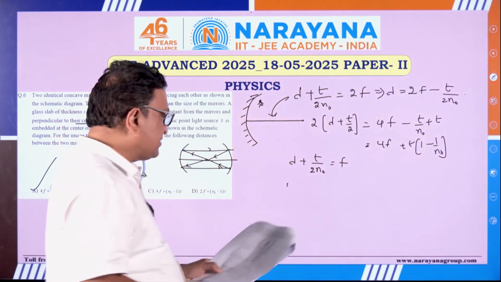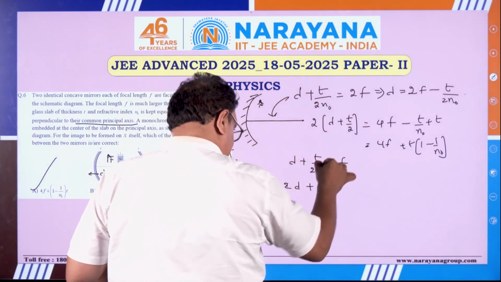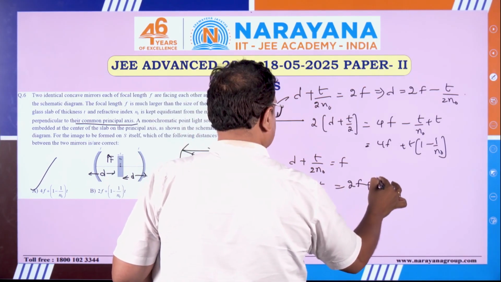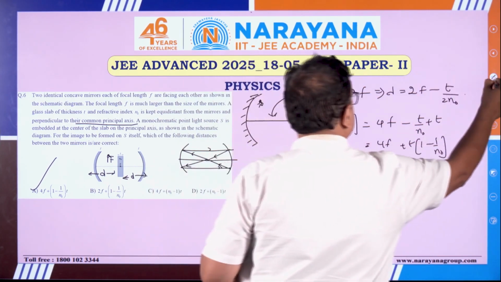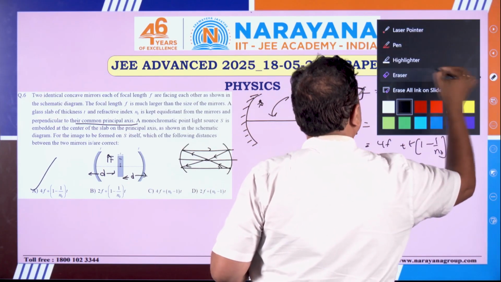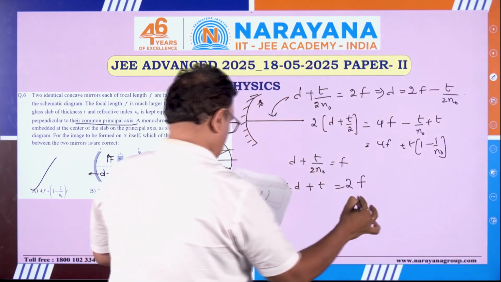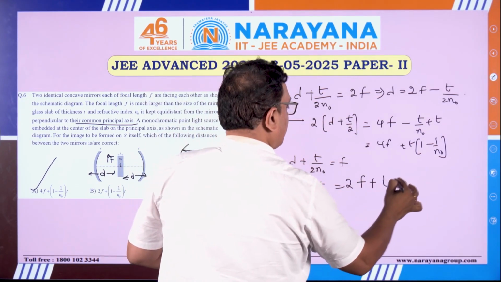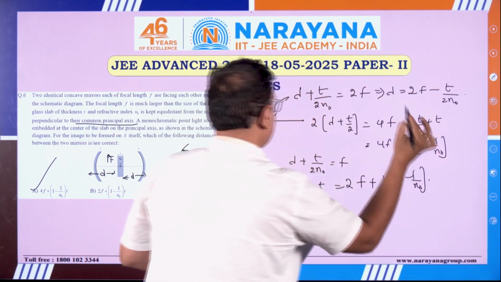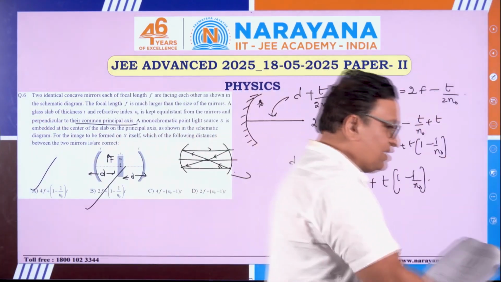In this case, you will get 2D plus T as 2F plus 2F plus T into 1 minus 1 by n naught. And that satisfies option B.